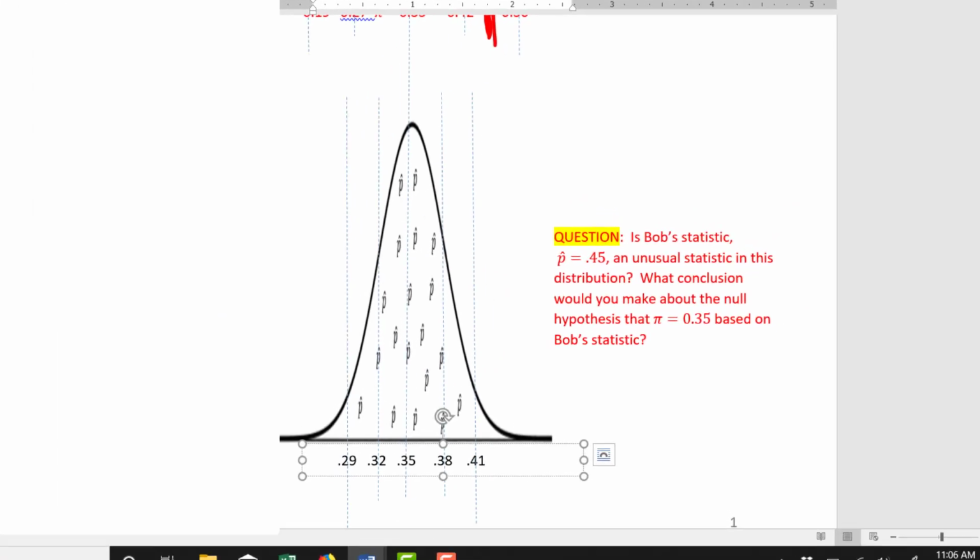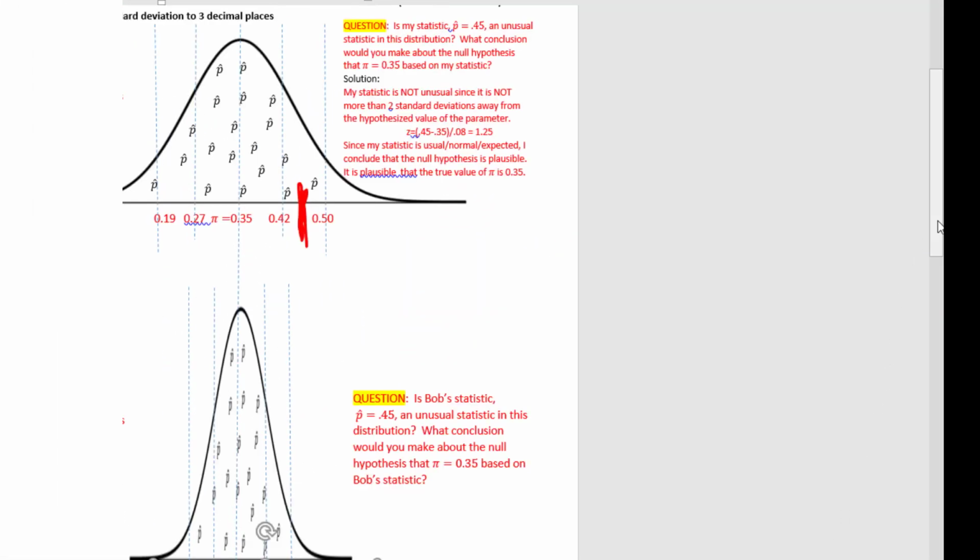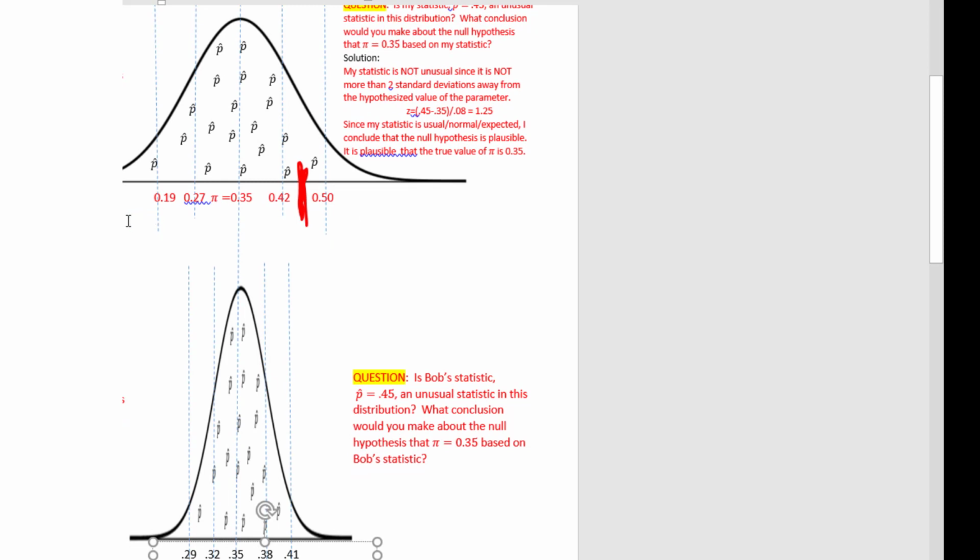Let's compare those directly here. Notice above, when the sample size was 40, this distribution was wider, more spread out. And now with a sample size of 200, it's thinner. They both still have the bell shape. They're both still centered at 0.35. But when your sample size increased to 200, that made the standard deviation of the null distribution smaller.